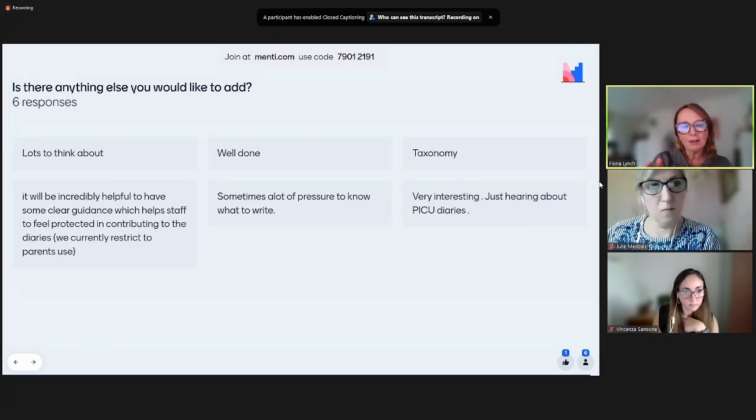And actually, as situations shift and the diary then becomes the ownership of the parent, which in probably the majority of cases happened, that became less of an issue.